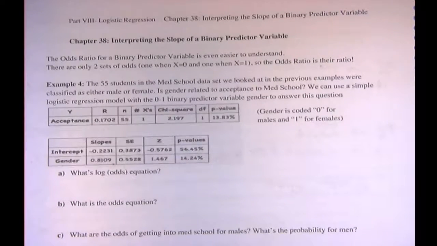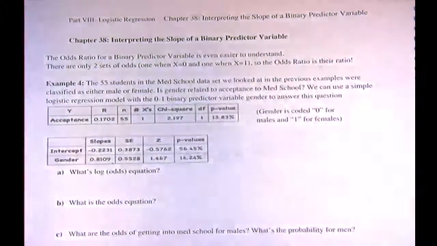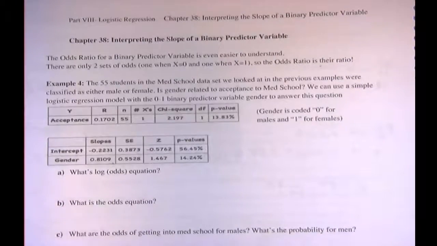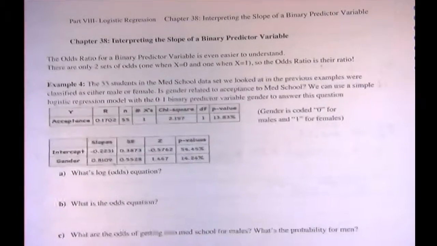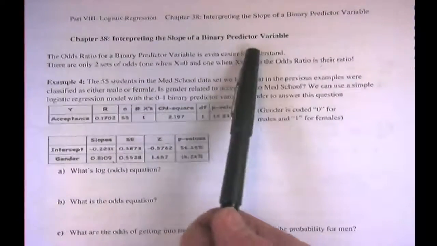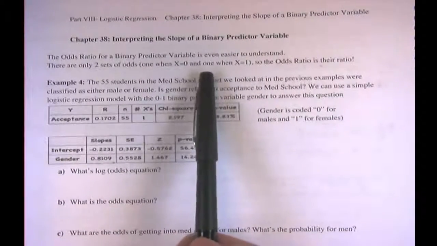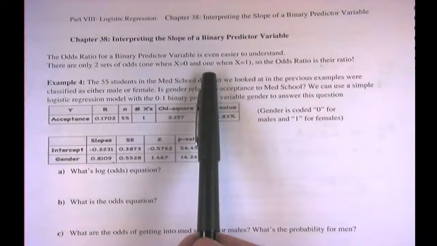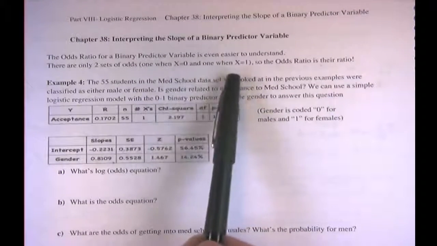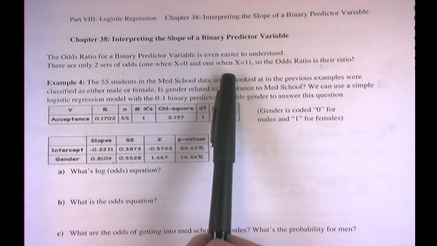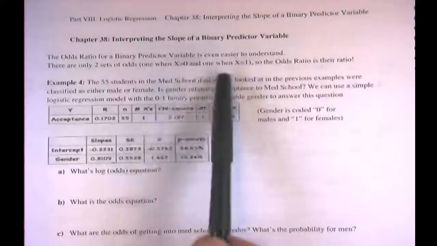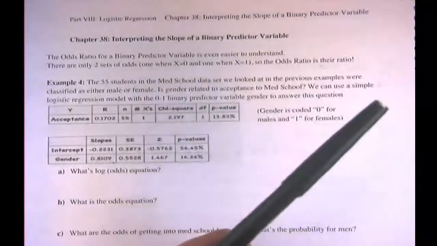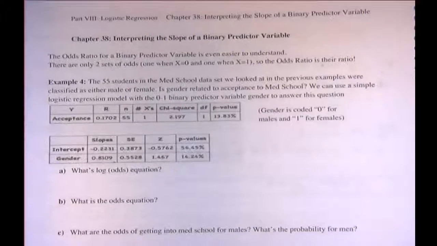So it's really pretty simple when we're talking about a binary x, because a binary x can only change from 0 to 1. So the odds ratio is just comparing two sets of odds. Like if you're comparing males and females, it's just the ratio of their odds. So it's really sort of the simplest case, the easiest to interpret.